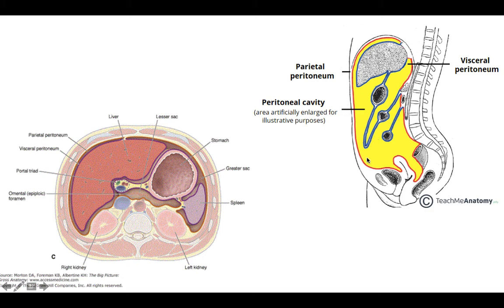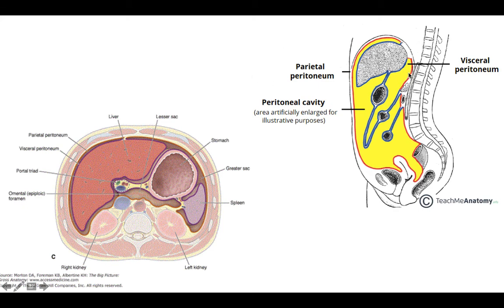Just like the pleura and the pericardium, here it's going to be a double layer. The more inner, deeper layer is going to surround the organs, and that's called the visceral layer. The outer layer is called the parietal layer, and that's the layer that will be outlining the abdominal cavity.